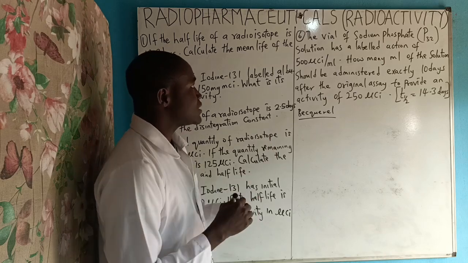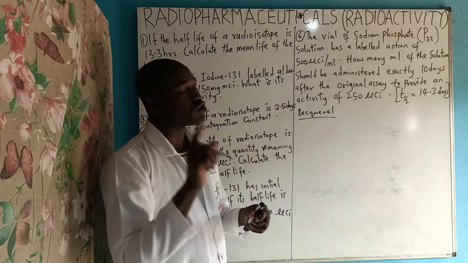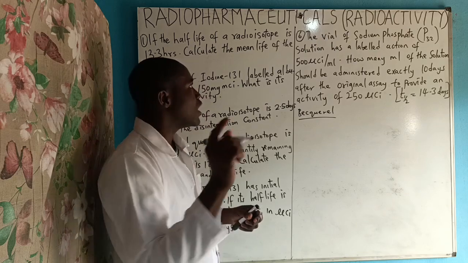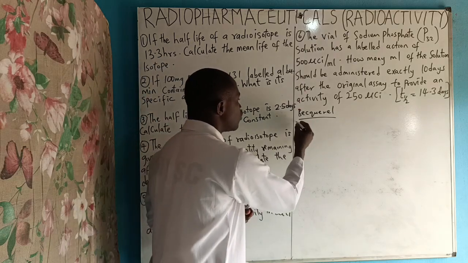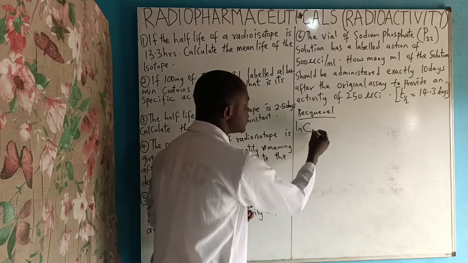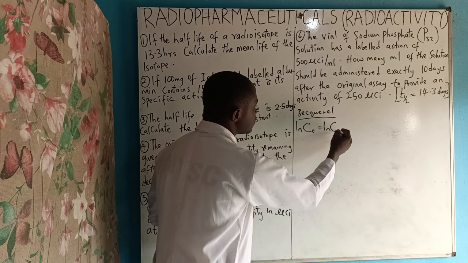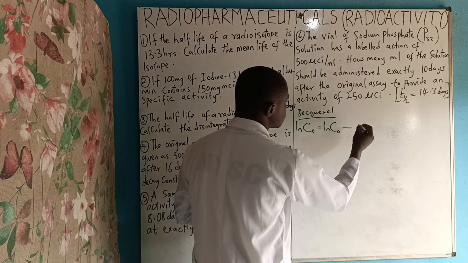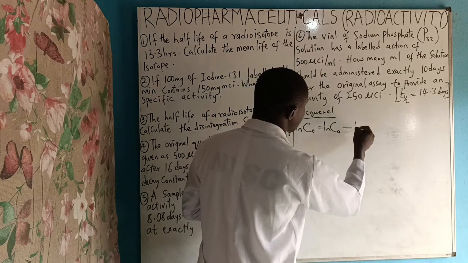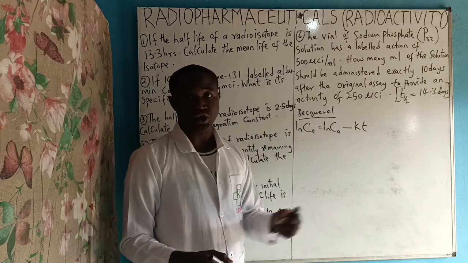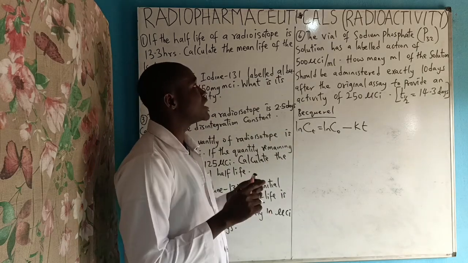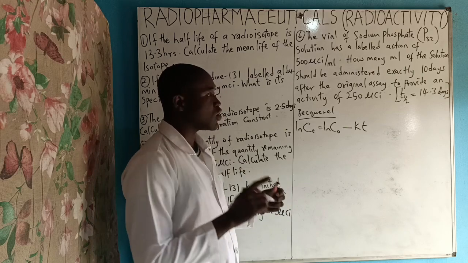Radioactivity obeys the first order reaction equation. And so, since it obeys the first order reaction equation, it will obey this rule: ln Ct equals ln C0 minus kt. It has to obey this equation. That is what we are saying, that radioactivity obeys the first order reaction equation.